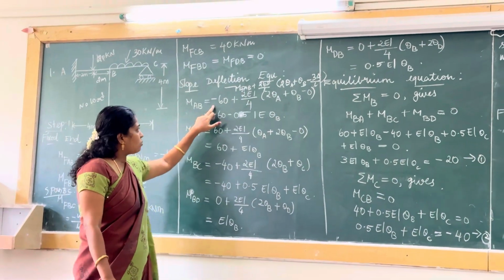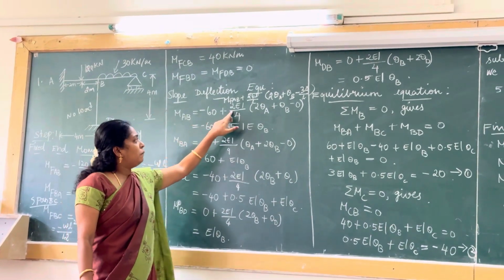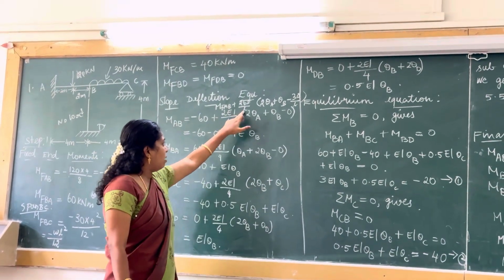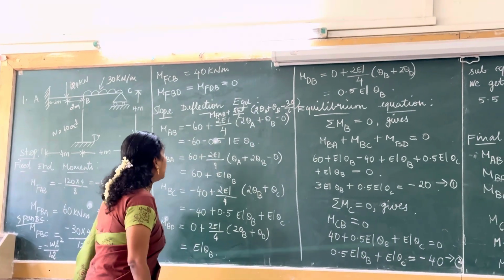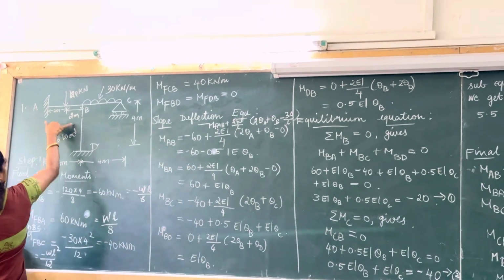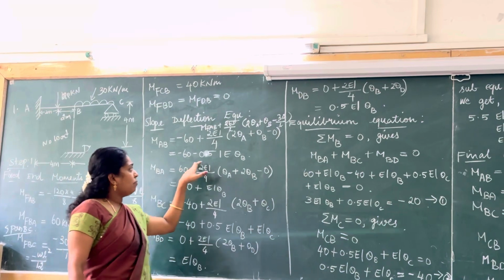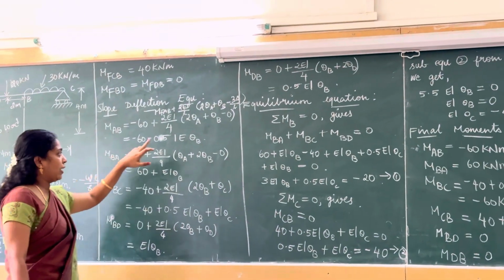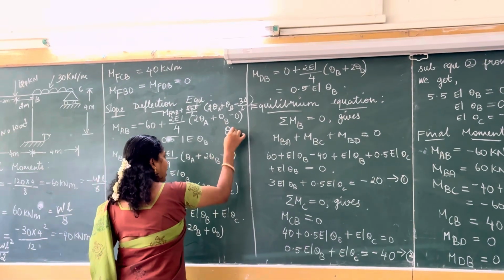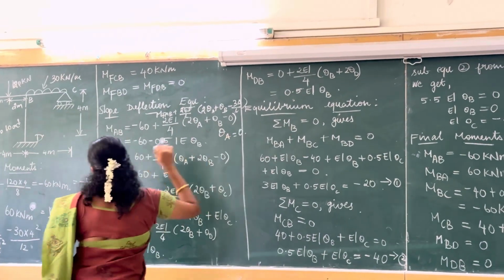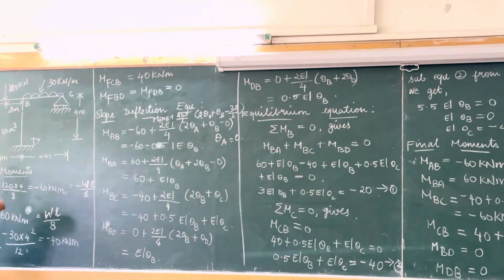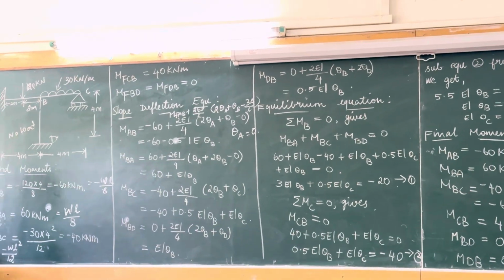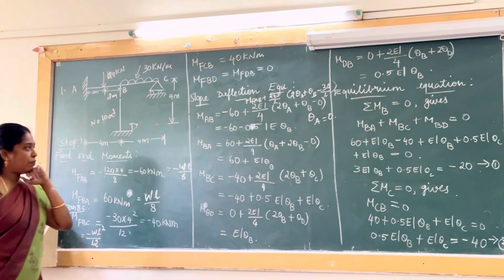So here we are substituting minus 60 plus 2EI divided by L. L is nothing but the span, that is 4 meter, and then we have 2 theta A. Here theta A is 0 because it has a fixed end. At the fixed support the slope will be 0.